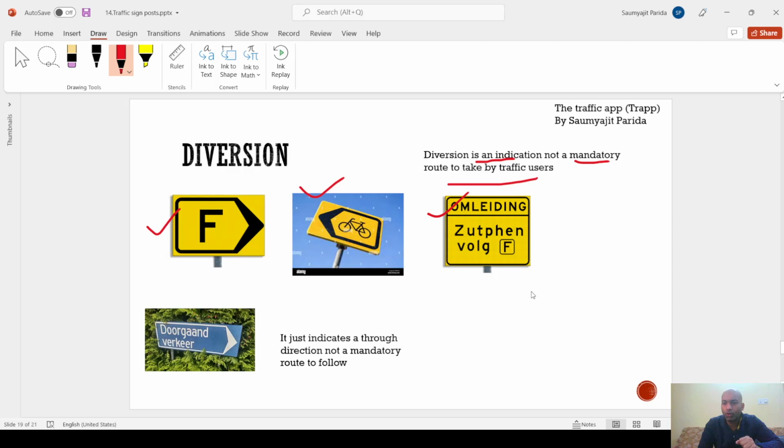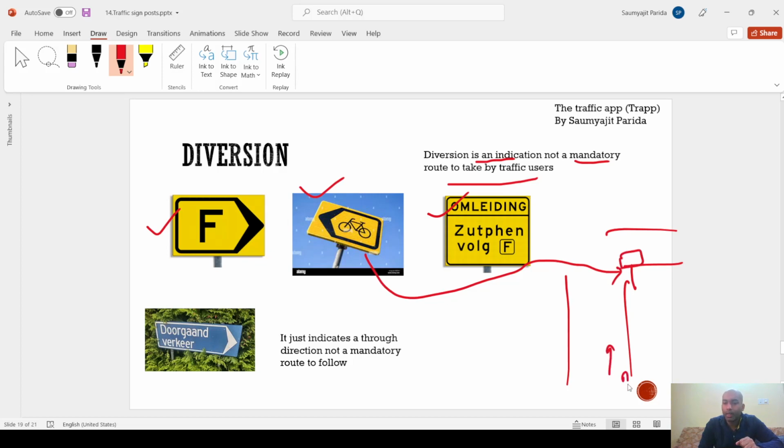For example, I am going on a straight road and here is another road, with this signboard here. If I am on my bike, then I do not have to take this diversion. It's not mandatory. I can continue driving straight. I do not have to follow this.